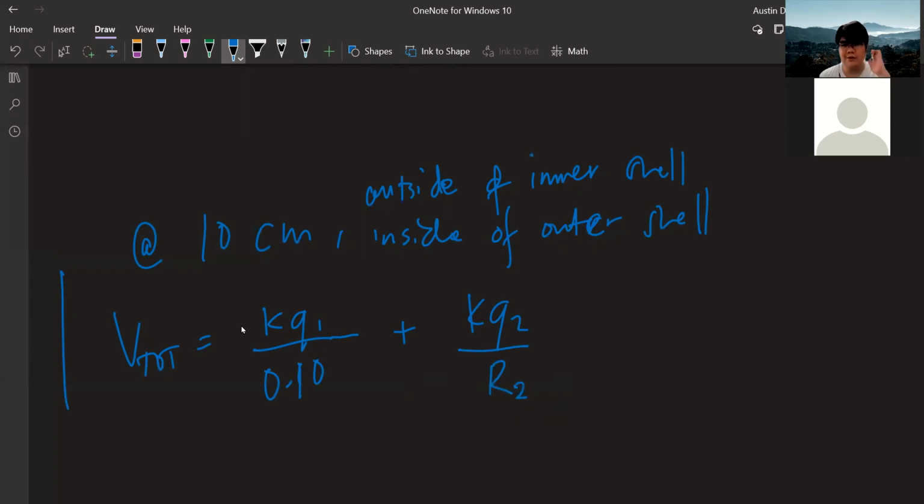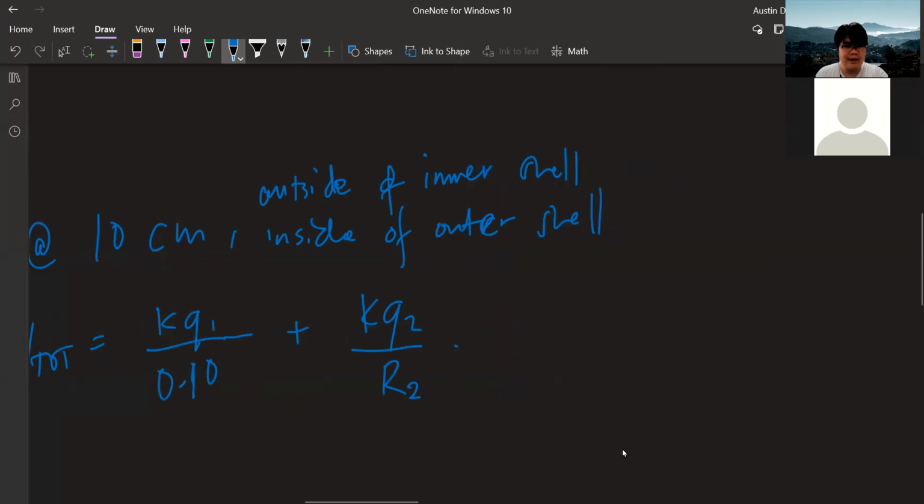So we have kQ2 over R2. Okay, so nagbago dito sa part na to kasi nasa outside na tayo ng inner shell. So yung dependence natin would be 1 over R na. Kung gaano tayo kalayo dun sa shell mo. Again, conversion, don't forget. So this is negative 30 kilovolts.